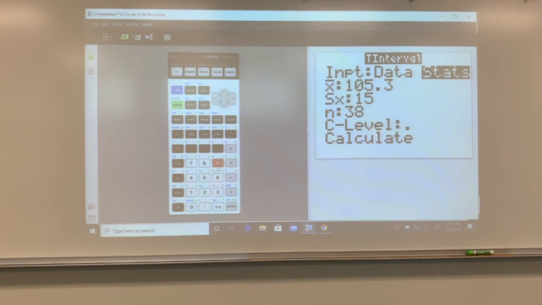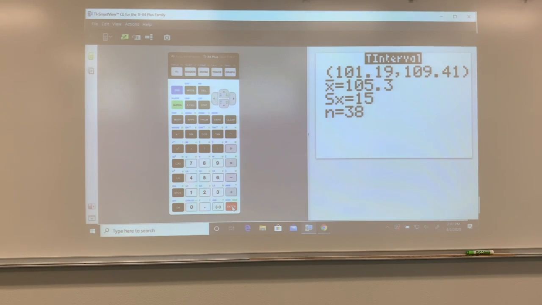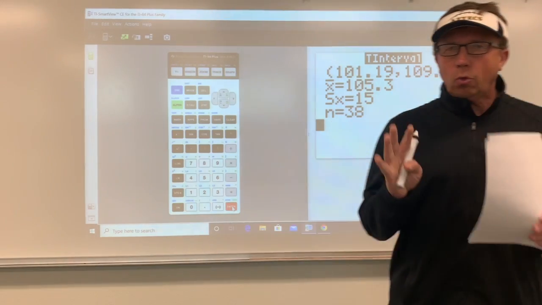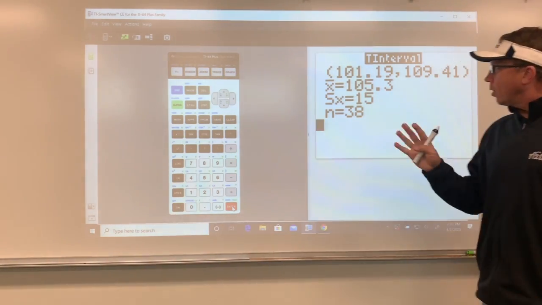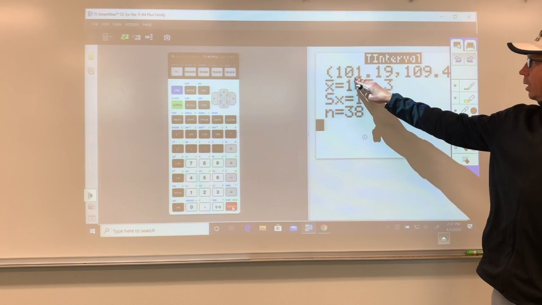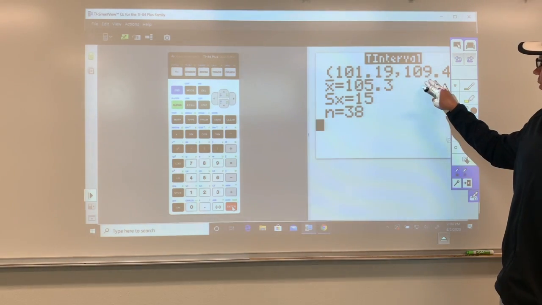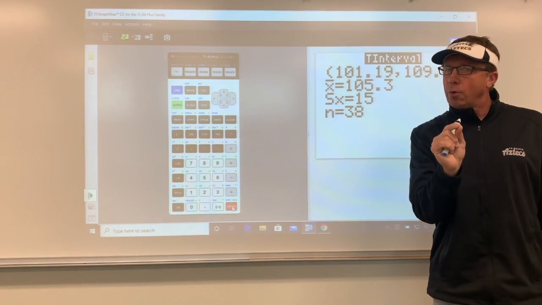That's the difference, because again, I use alpha 0.05. I doubled it because it was a one-sided test, and then I went 100 minus that to get my confidence level. I'm going to arrow down to calculate, and we will have it. So there is what I think the whole school will average: 101 to 109, slightly more than 100.